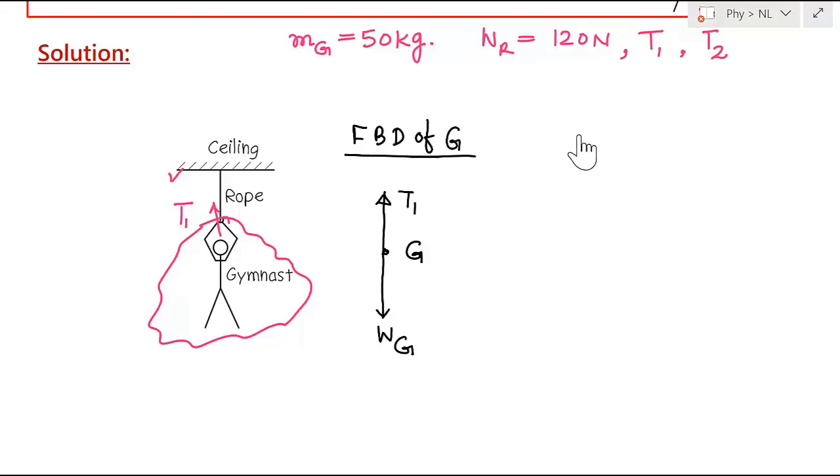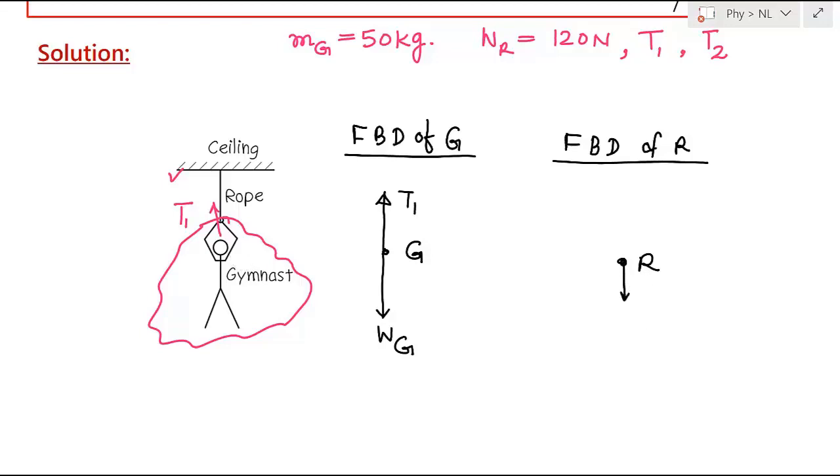Now similarly I can write the free body diagram for the rope. This is the free body diagram of the rope. Again we can denote this rope by a point. And what are the forces that are acting on the rope? One force: this gymnast is trying to pull this rope in the downward direction.